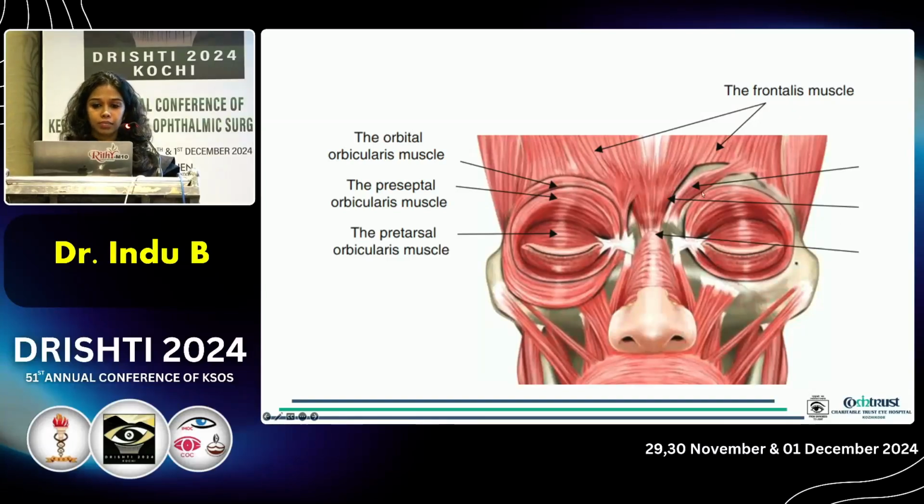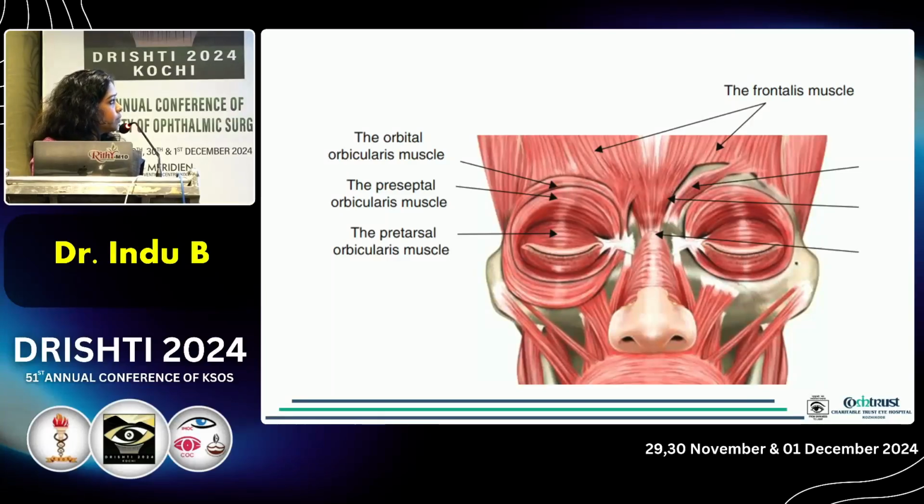So, the orbital part, can I have the pointer please? So, this is the orbital part which covers beyond the orbital rim, and this is the palpebral part which is divided into pretarsal and the preseptal.